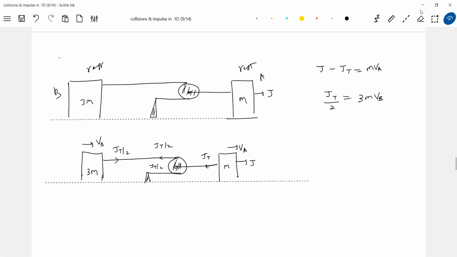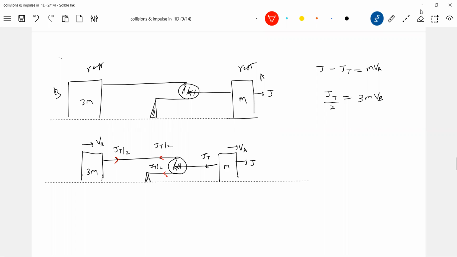Suddenly this particular string has become taut. This taut string will make other strings taut, so that impulse will be transferred. So impulse can get transferred from one string to another string. That's what these questions are. If one string suddenly makes another string taut, an impulse will be generated in the other string also.